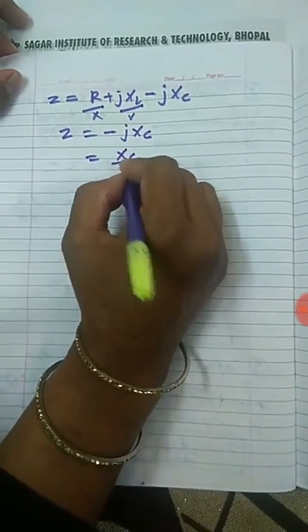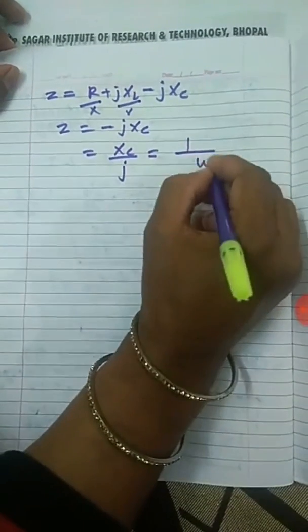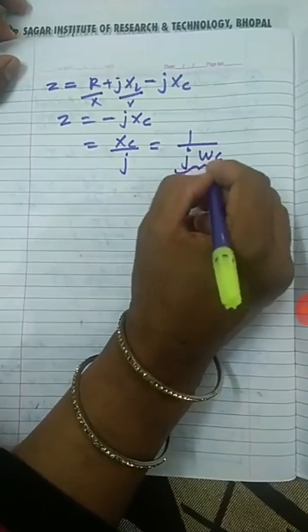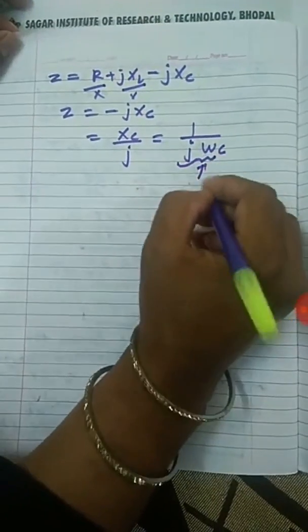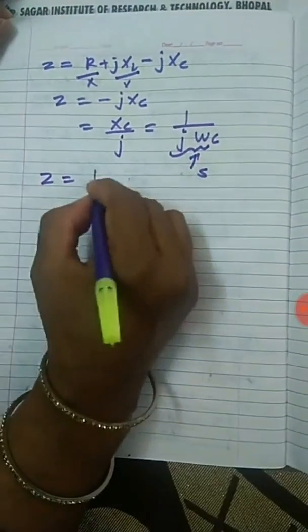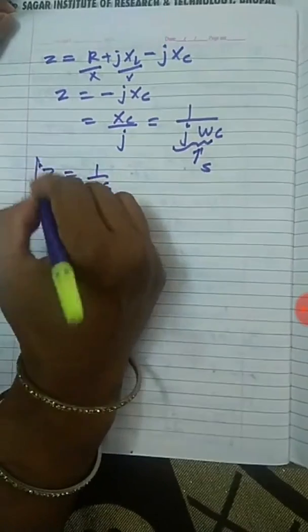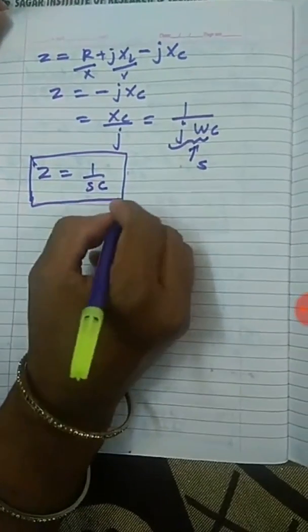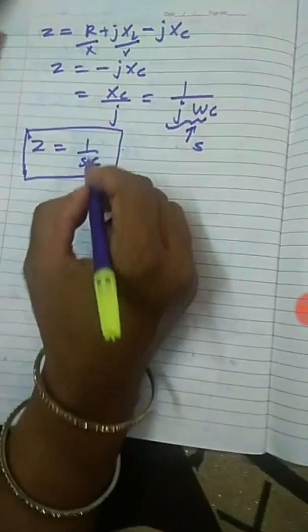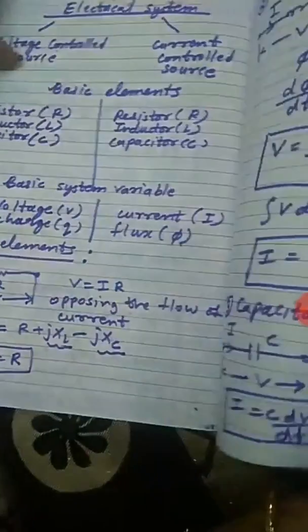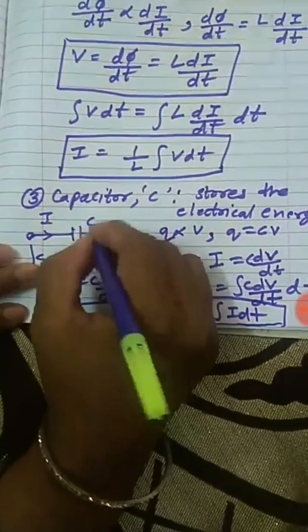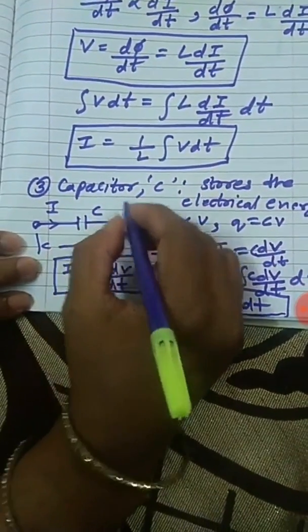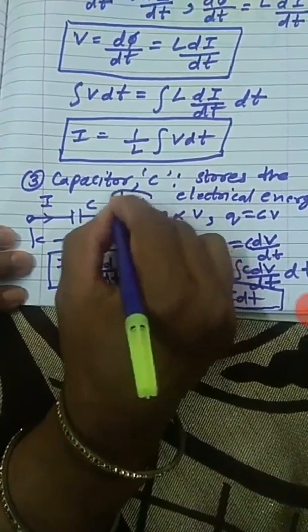XC upon J. The value of XC is 1 upon omega C. So J omega here is equal to S. So I am writing Z equal to 1 by SC. So impedance of the capacitor can be written as 1 by SC. So this capacitor in frequency domain can be written as 1 by SC.